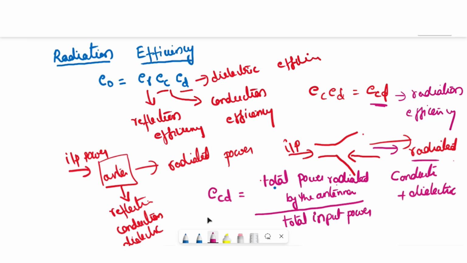Because here the radiation is by the antenna. The antenna is made up of conductor, and the antenna surroundings or insulation is made up of dielectric. So that is the reason radiation efficiency is called ECD, because ECD is the term which involves both conductor and dielectric. Okay.